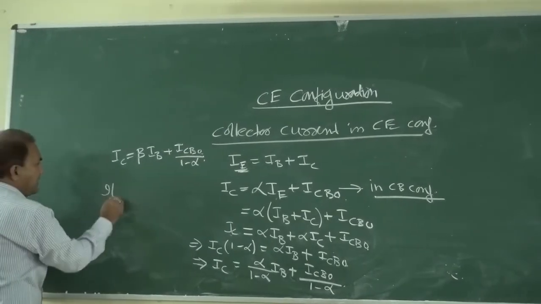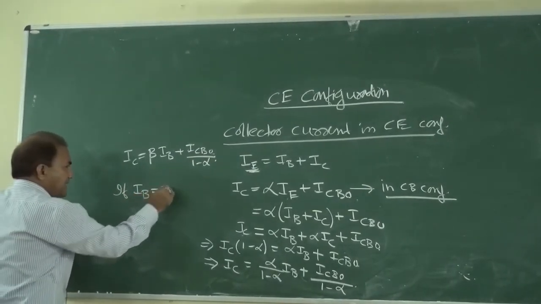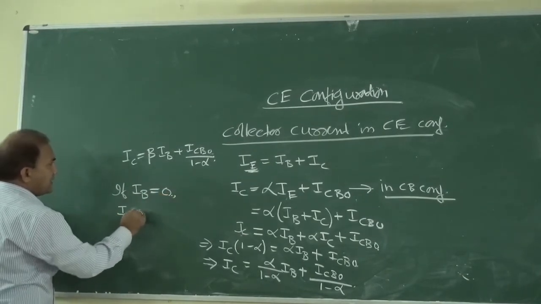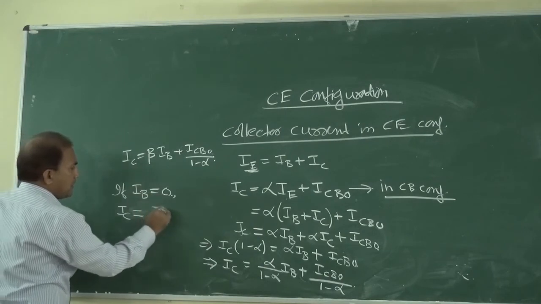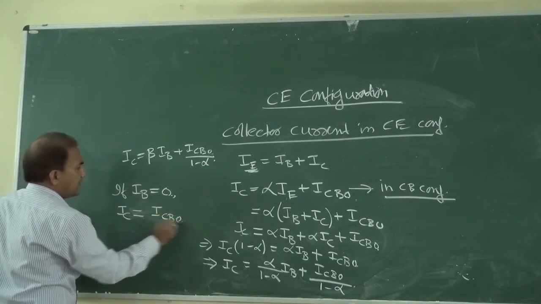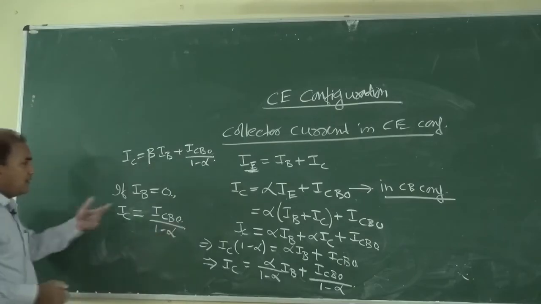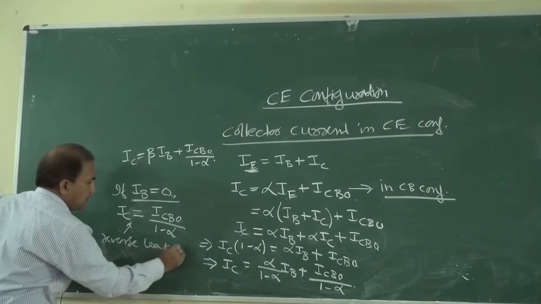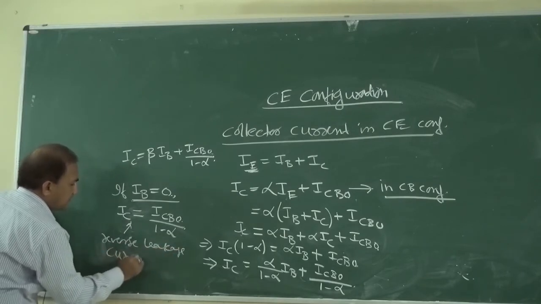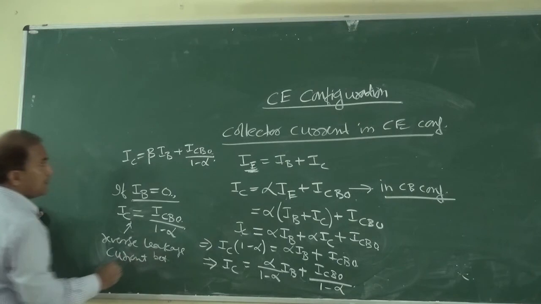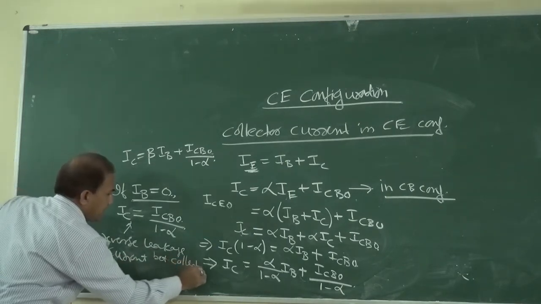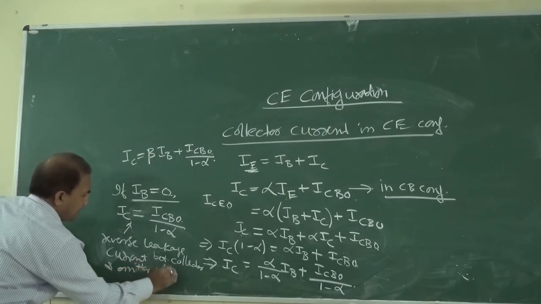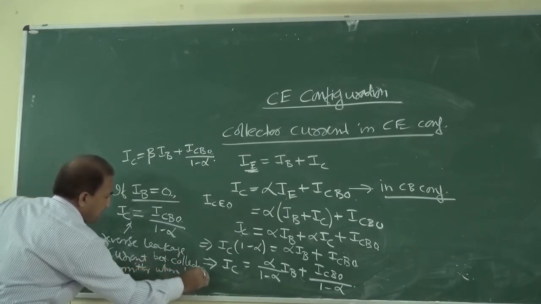If IB is equal to 0, then what will happen? Then IC is equal to ICBO divided by 1 minus alpha. It is the reverse leakage current between collector and emitter when base is open.